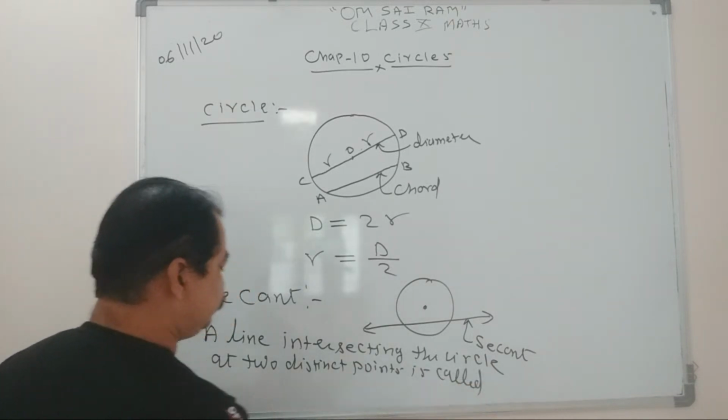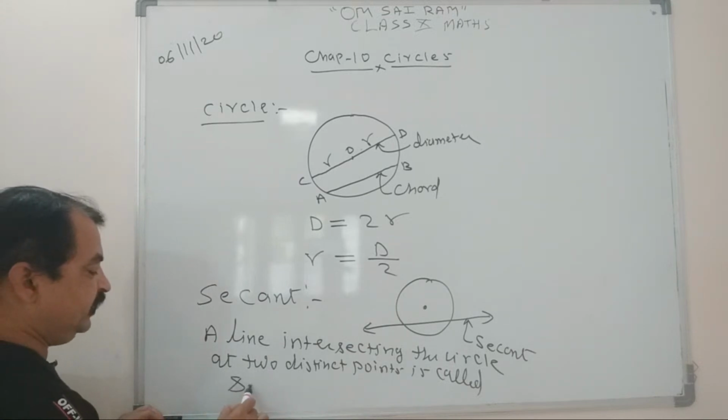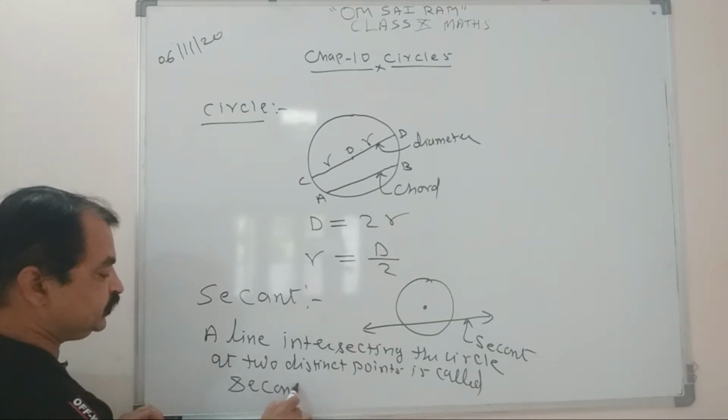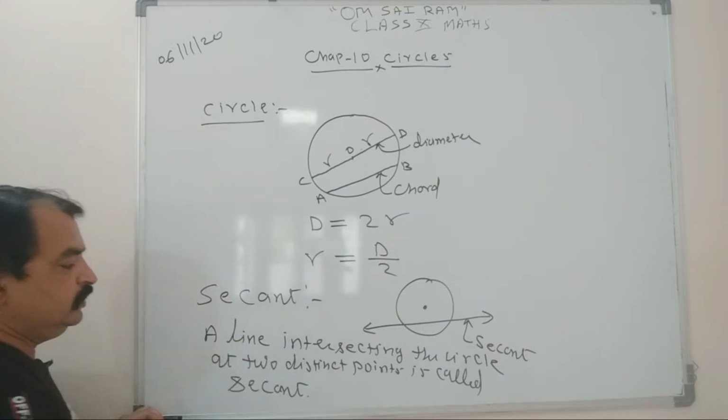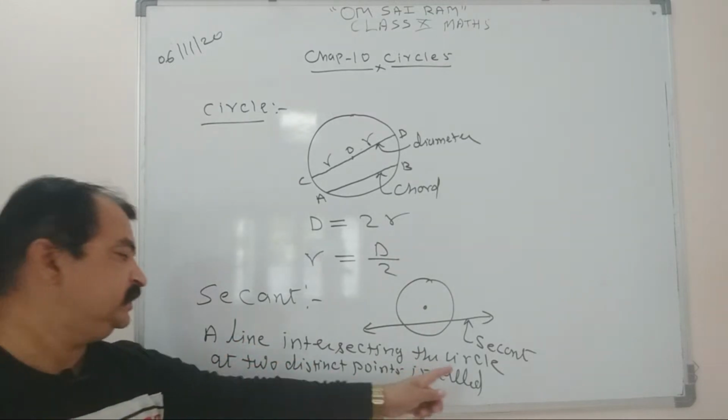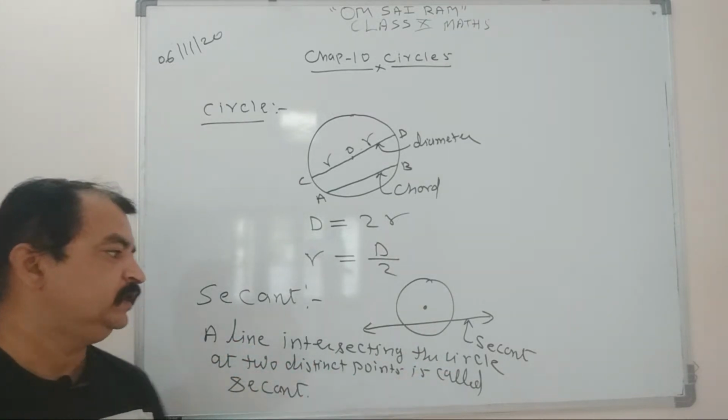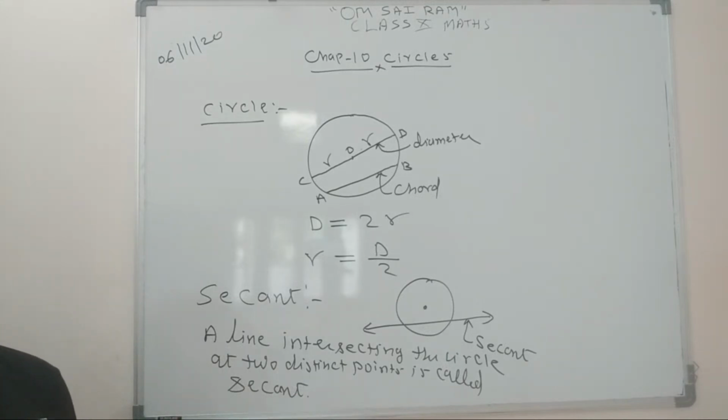In this way, in a short form, you can define the secant of the circle, children. Right? A line intersecting the circle at two distinct points is called the secant.